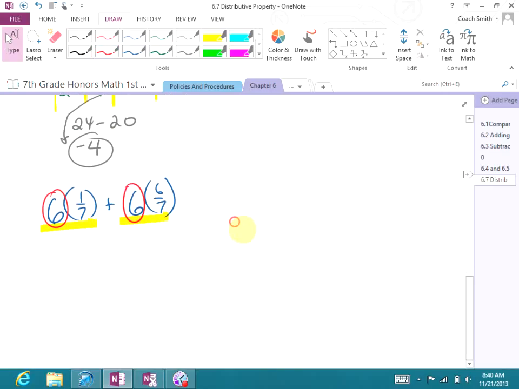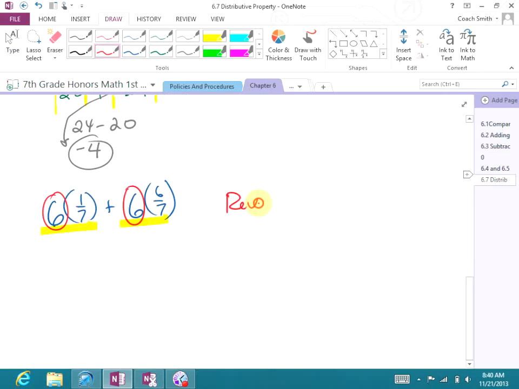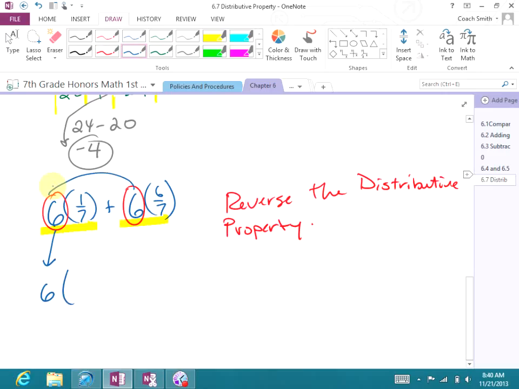Well, I can reverse the distributive property. Okay, I can reverse the distributive property to help solve this problem. I can take the 6 and put it outside the parentheses, since it's common, those two are the same.